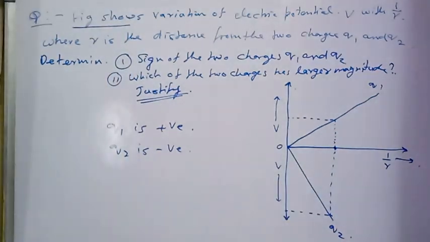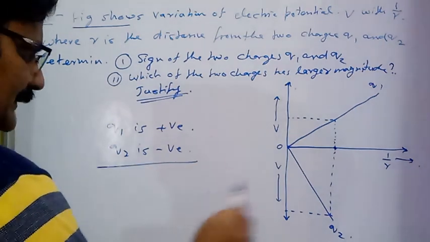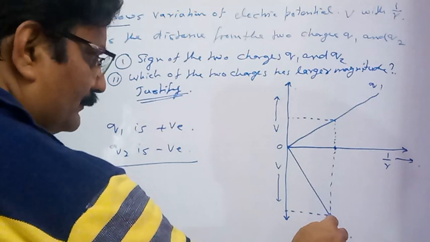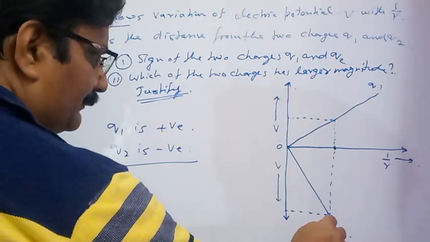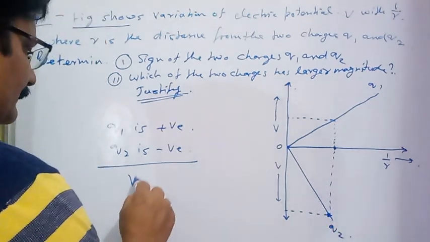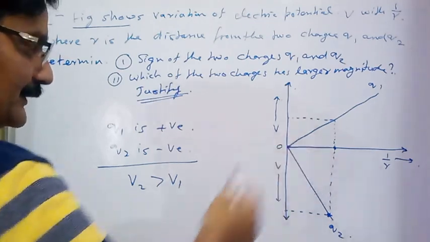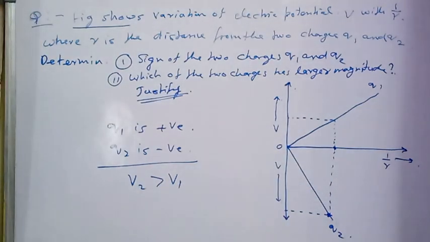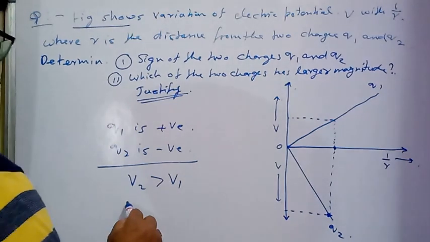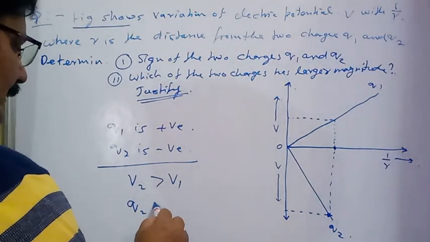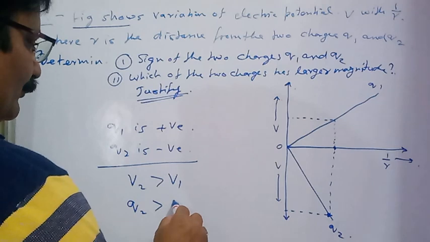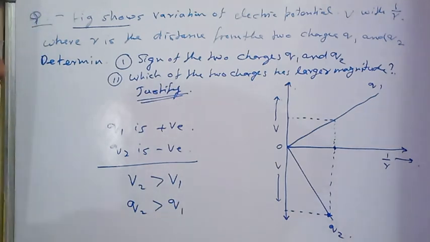So the answer to the second question: potential of charge Q2 is greater than potential of charge Q1 for the same distance r. That is why the magnitude of charge Q2 is greater than the magnitude of charge Q1, as 1 by r is remaining constant.